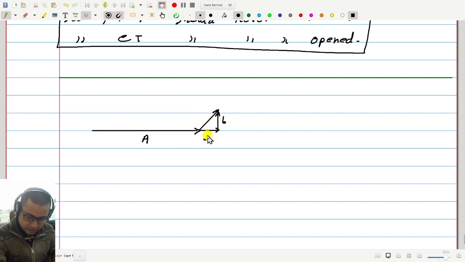Now this phasor A plus B, which I am drawing quite large, but you assume that this is much smaller compared to this capital A. If so, then let us consider the sum of these two quantities.